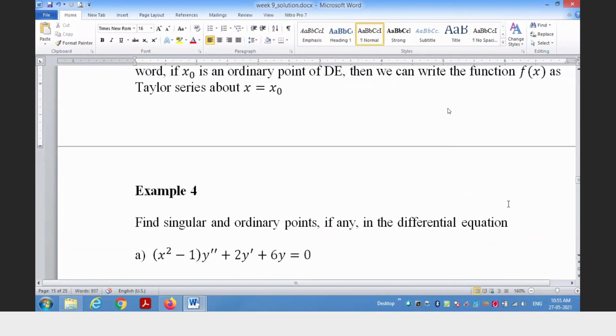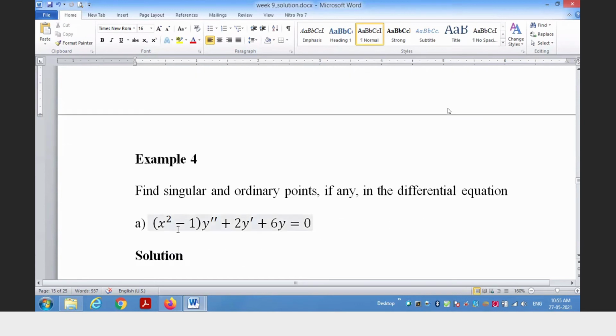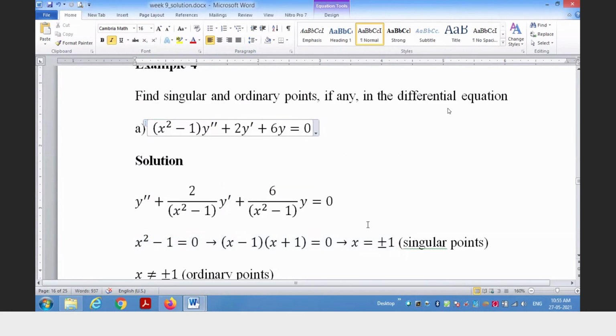Example 4. Find singular and ordinary points, if any, in the given differential equations. Number 1: (x squared minus 1)y double prime plus 2y prime plus 6y equals 0. I asked you to do this before, but we will do it again.